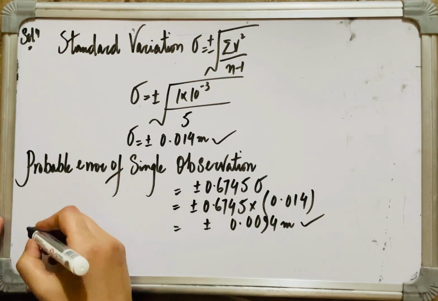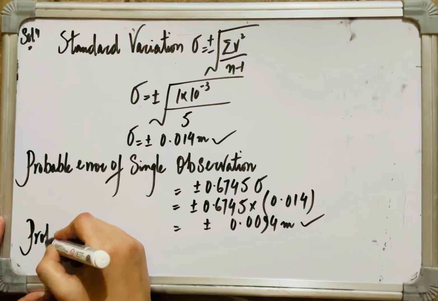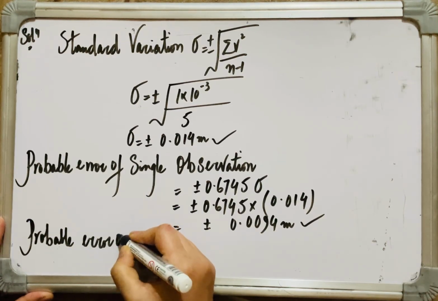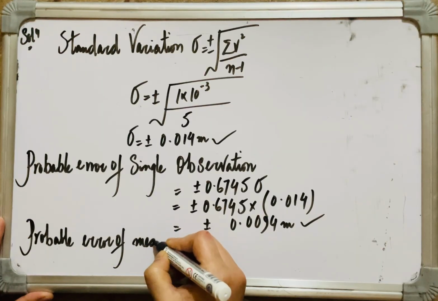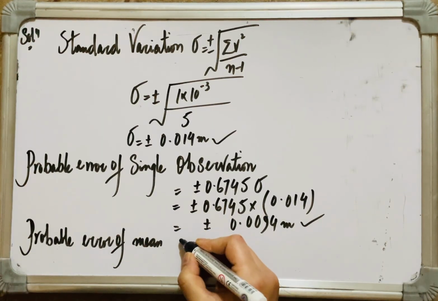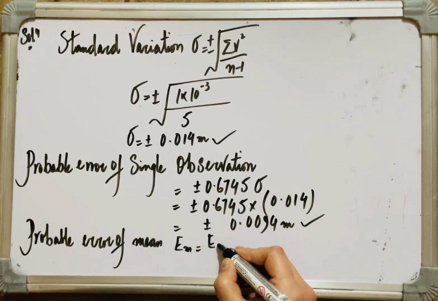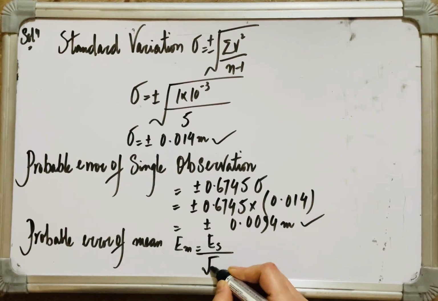Next, it asks us to calculate the probable error of the mean. We know that the probable error of the mean is equal to the probable error of the single observation divided by the square root of n.